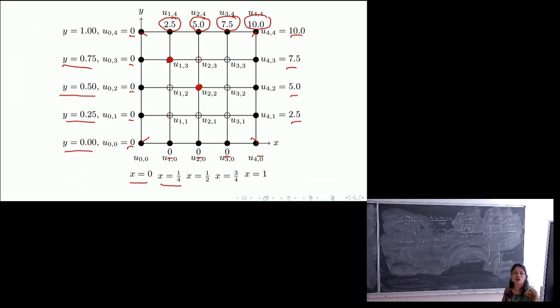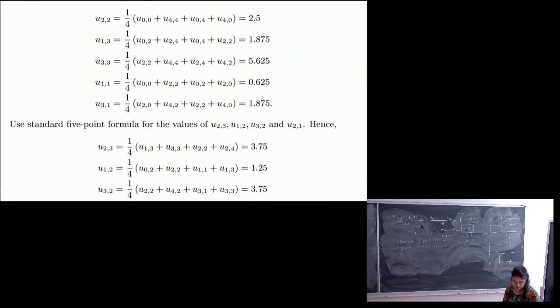These 2 points are unknown to me, so I can't find the value of u13 with the help of these 4 points. So again for u13, I will apply the standard diagonal 5-point formula. What will be u13 here? That will be the average of 0, 0, u22 and this 5. That's what I am writing here.